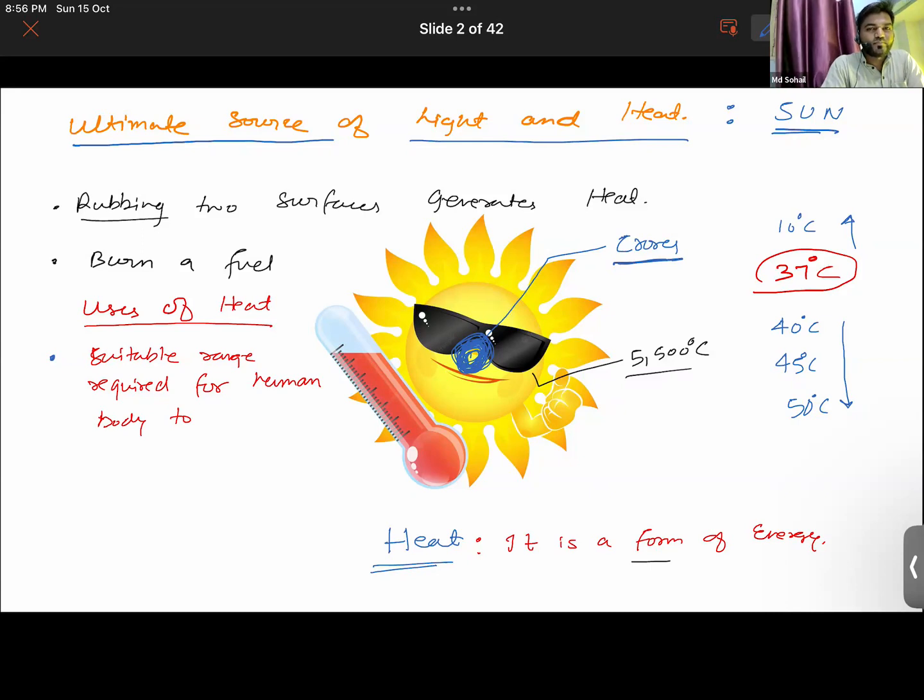Getting it, Abdul? Yes, sir, we are able to measure the temperature of the sun using satellites. Because we can't just put a thermometer everywhere and measure the temperature.